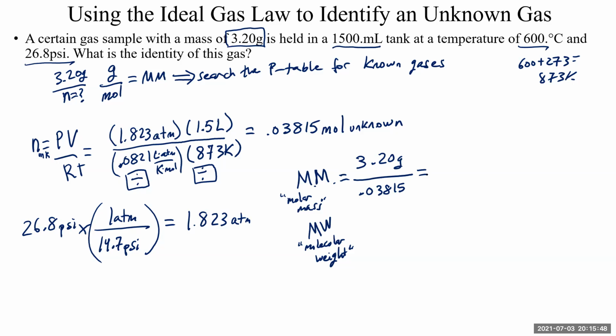I get 83.87, or 83.9 grams per mole. Well, that's my molecular weight. That's not density, right? This is not a unit of volume. This is moles. So this is my molecular weight.